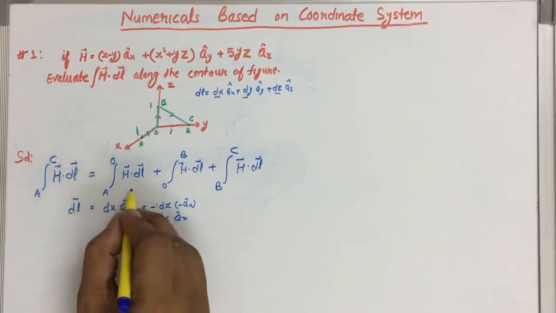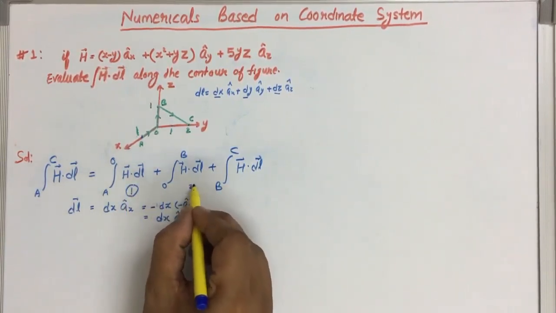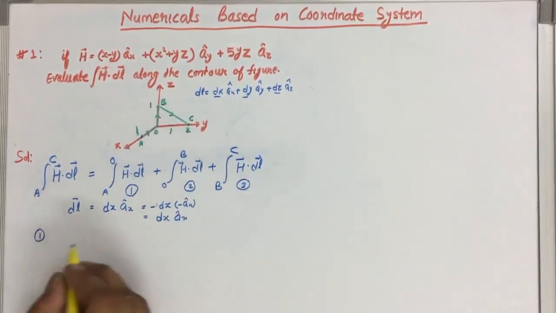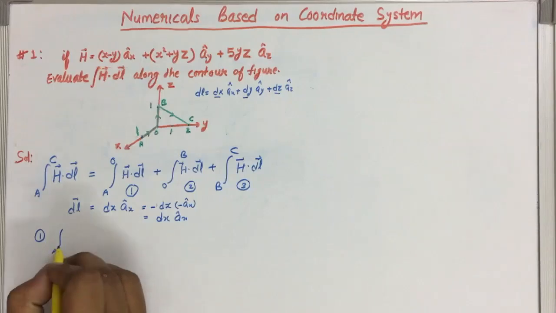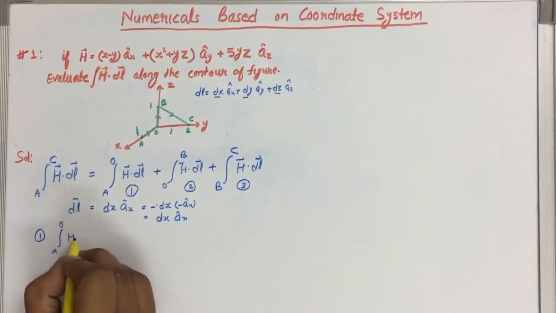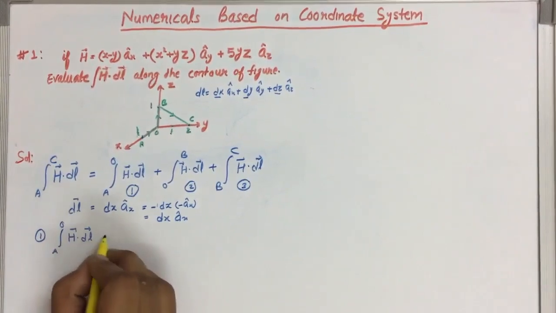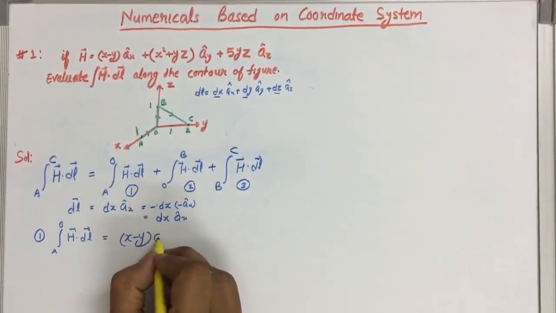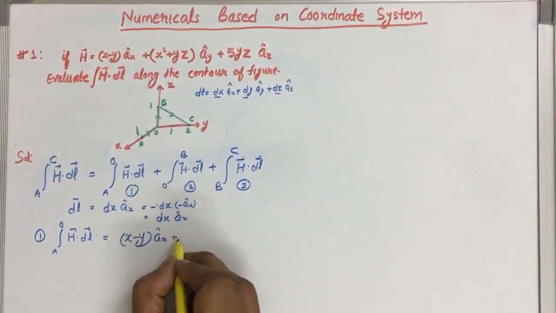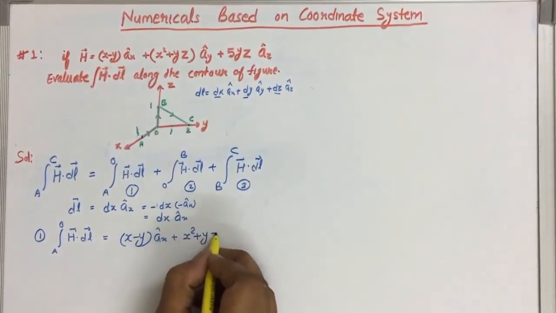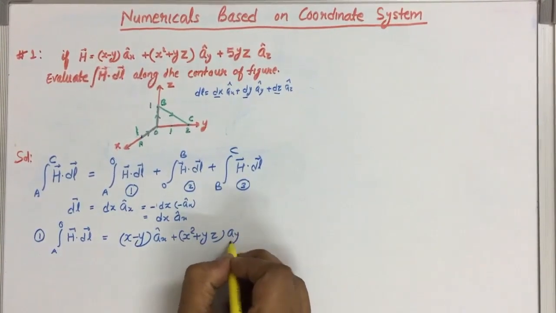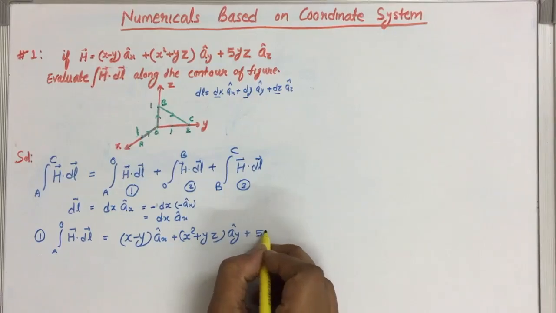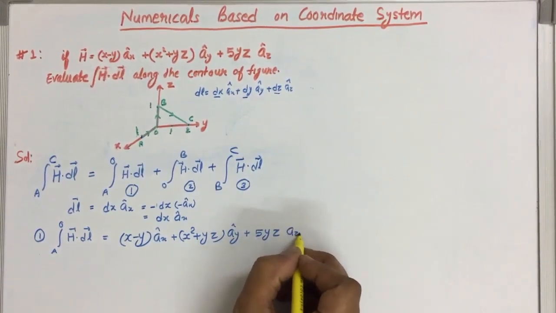So consider case 1, case 2, case 3. For case 1, A to O, H dot dl can be written as (x minus y) ax plus (x square plus yz) ay plus 5yz az.